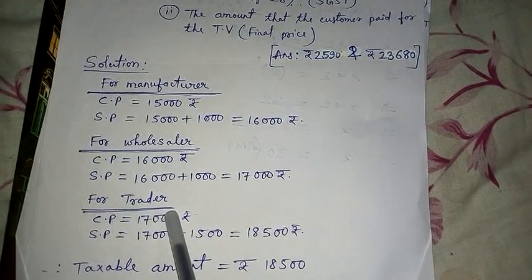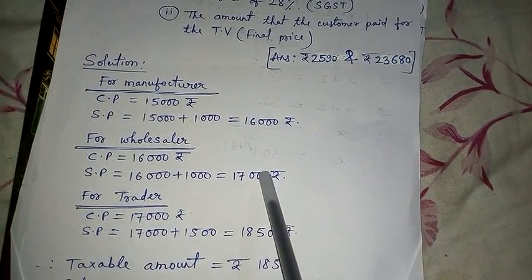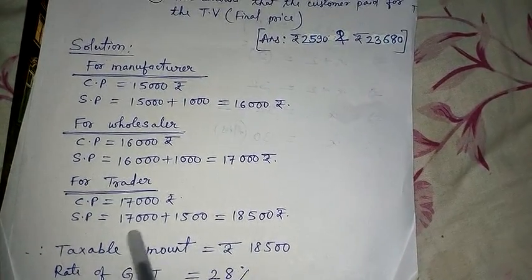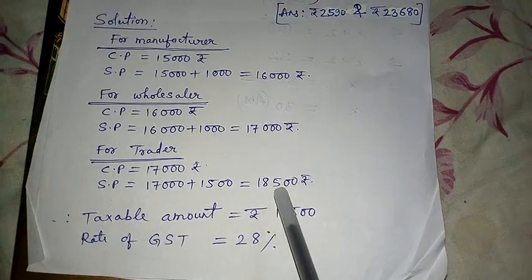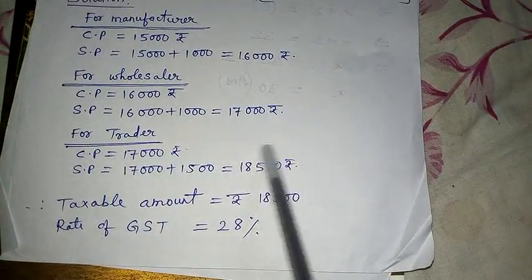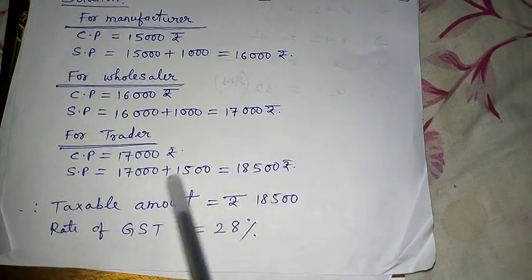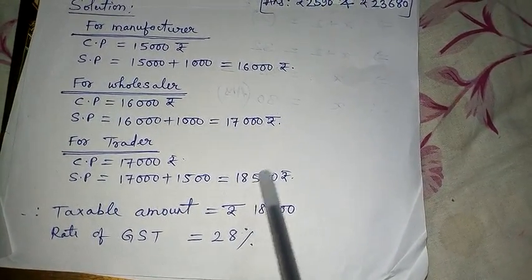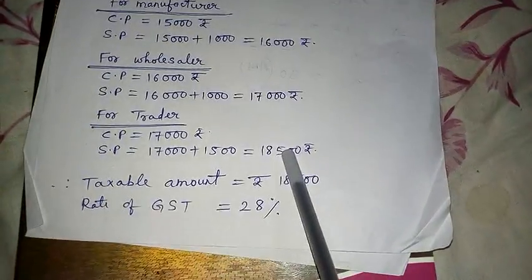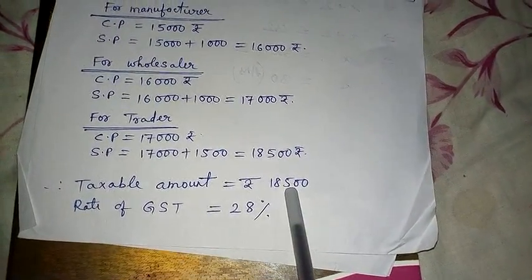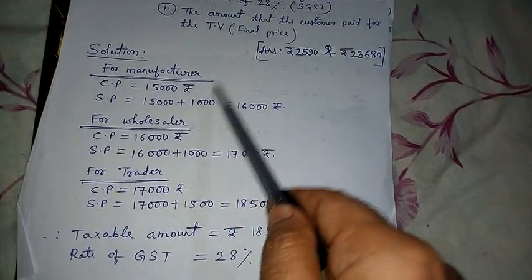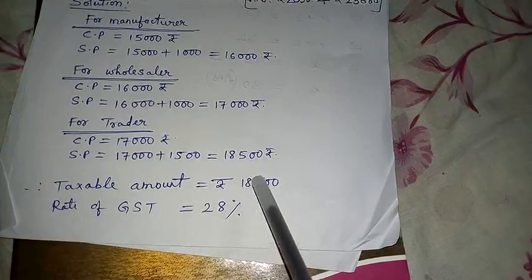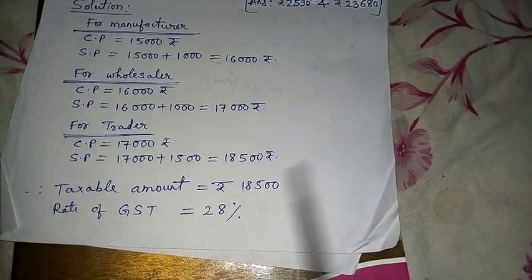Now he sold to the trader, and the trader's cost price will be 17,000, and he is selling to the customer at a profit of 1,500. So you add it, the final price comes to 18,500. This is called the taxable amount, because at this price the customer has to buy the TV. Till now the TV has not reached the customer, but after the trader it is coming to the customer. So on 18,500, the rate of GST is 28%.